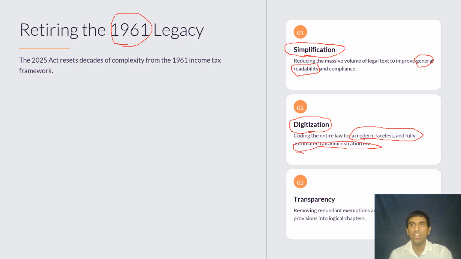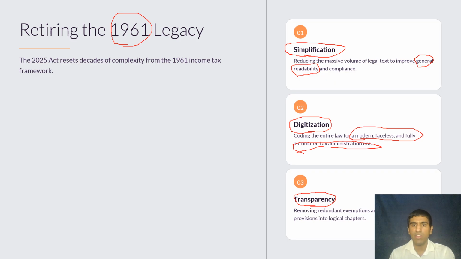Then the third thing the act has done is, it has enabled more transparency. So essentially, under the old act there were far too many provisions, too many sections. Sometimes there was more than one provision for pretty much the same matter. So when it comes to exemptions, for instance, in the old act there were one or two or three more provisions for the same exemption.